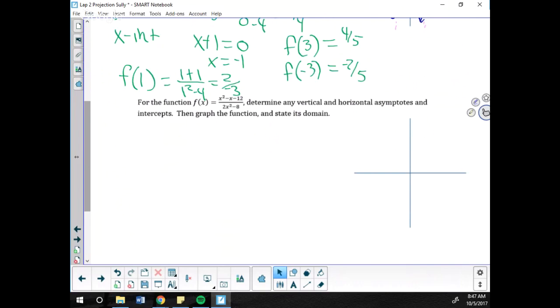All right, after you factored it, what's our step? Find the domain. All right, so with your group, I want you guys to find the domain after you have it factored.